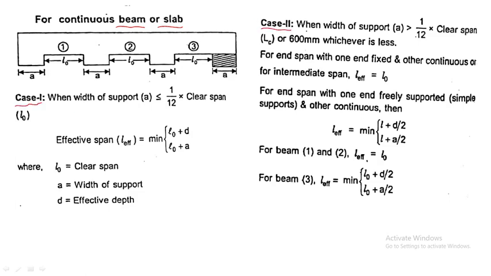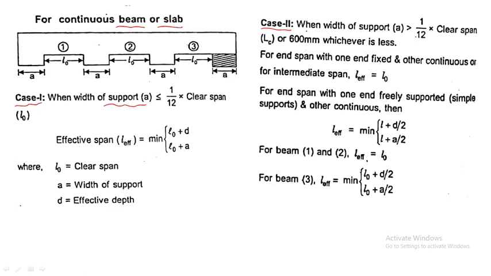In the first case, when the width of the support is less than or equal to 1 by 12 into clear span, then effective span is equal to the minimum of clear span plus effective depth, or clear span plus the support width. This is about case 1.